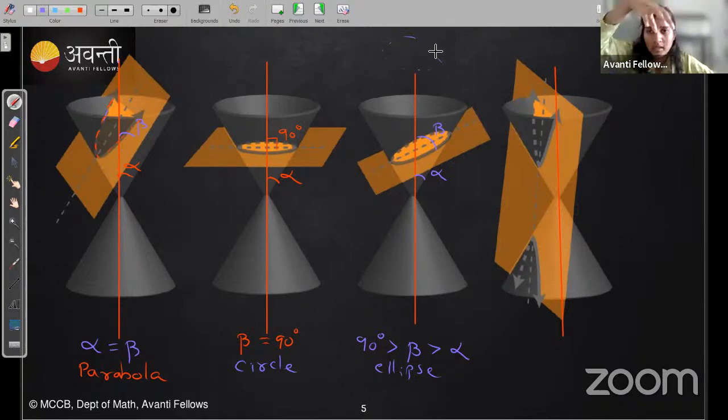If you see the vertical section of that, this will be like a circle and this will be an ellipse. This shape will look something like this.